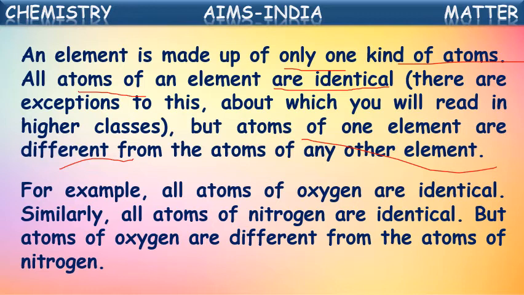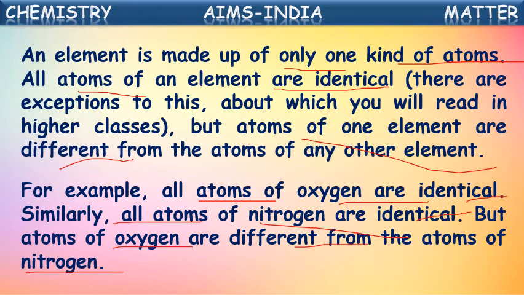Let us see an example here. All atoms of oxygen are identical. Similarly, all atoms of nitrogen are identical. Oxygen element will have oxygen atoms, nitrogen element will have nitrogen atoms. But atoms of oxygen are different from the atoms of nitrogen.